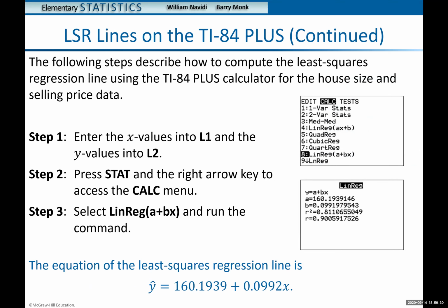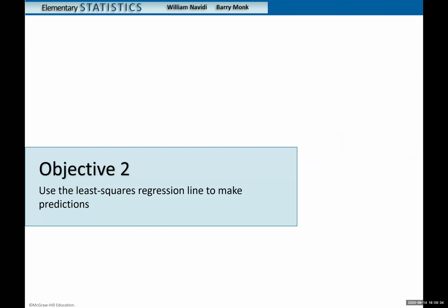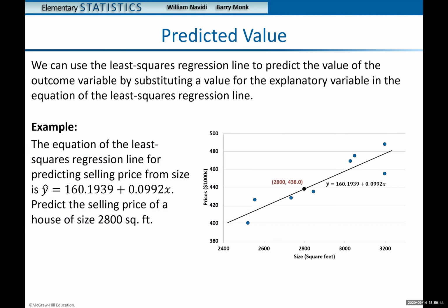And if you want to practice, these are the steps using your graphing calculator. Okay, next is how to make predictions with those least squares regression lines. Meaning, how do we solve for a predicted value? Whenever we have an equation like this, the predicted value is the y hat.